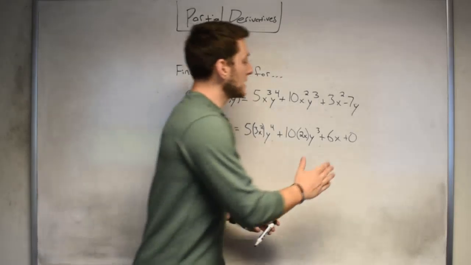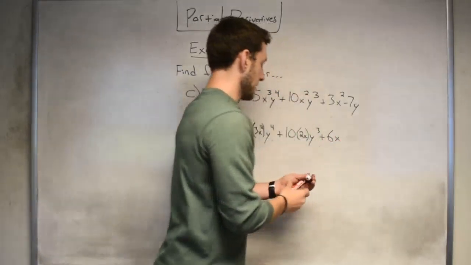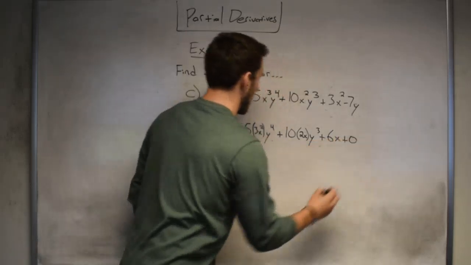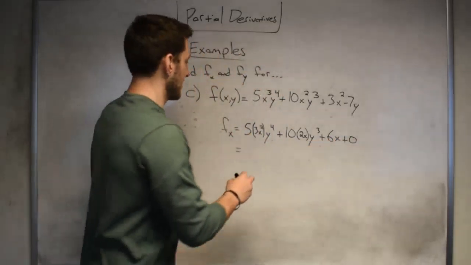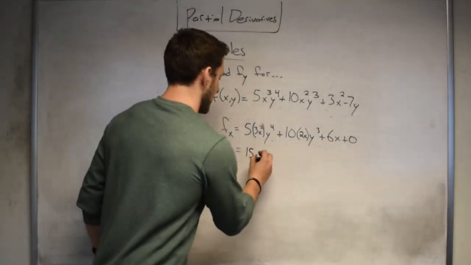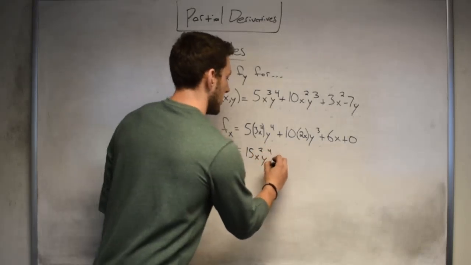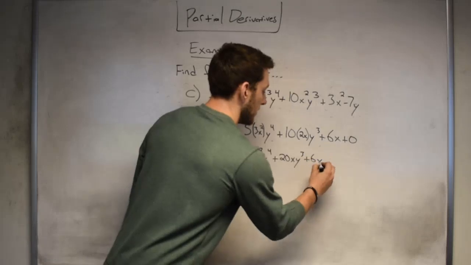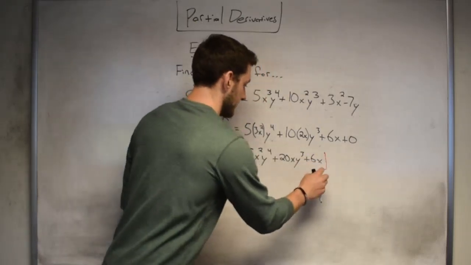We can just go ahead and leave off that 0, giving us our answer, upon simplification, of 15x squared y to the 4th plus 20x y cubed plus 6x.